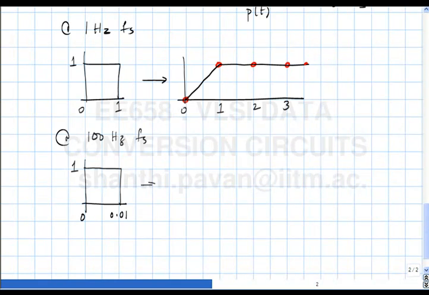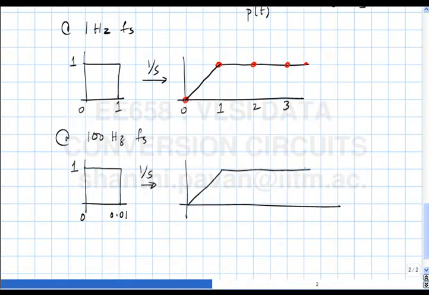Now if I didn't change the integrator at all, the integrator is still 1 over S. What do you think will happen to the output? It will go to 0.01. Alright, which is the area of this pulse.